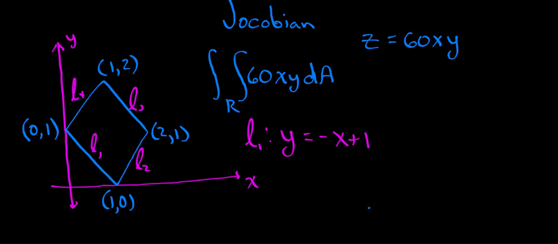Now, what about line 4? What would line 4 be? y equals x plus 1. Yeah, y equals x plus 1, definitely. Okay, so there's a hint. Now, you're going to need to do that for L2 and L3 as well. Now, I'll go ahead and look at L2.